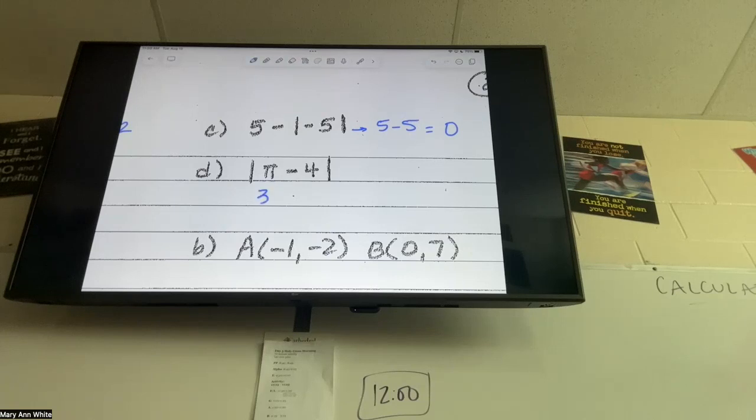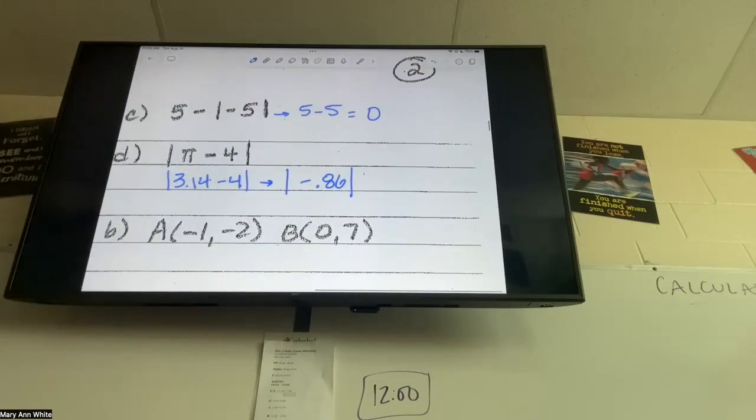So we'll treat that as 3.14 minus 4, just so we can practice the idea of this absolute value. 3.14 minus 4 is approximately -0.86. So what's the absolute value of that? Positive 0.86. Good. So just a little practice with our absolute values.